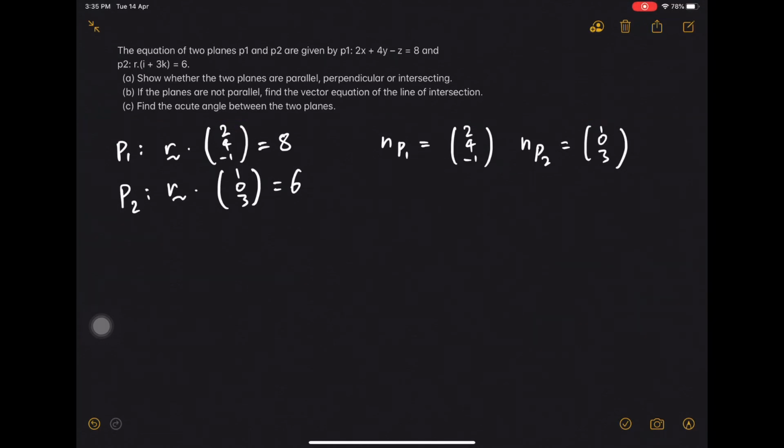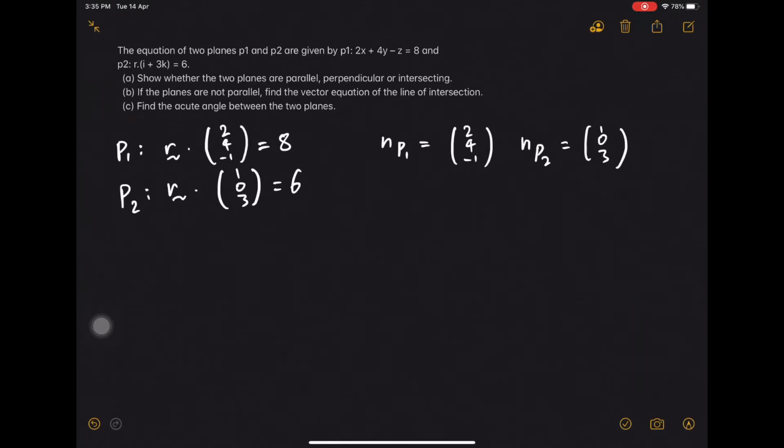Now we want to find the vector equation of the line of intersection when the planes are not parallel. To do that, we first have to write down the equation for plane 1 and plane 2 in Cartesian form.